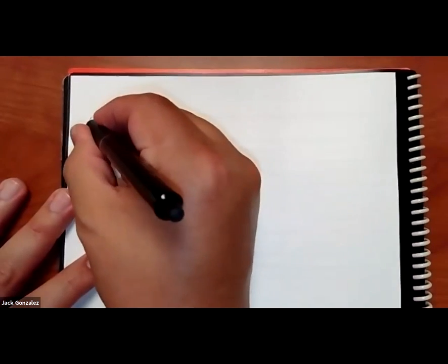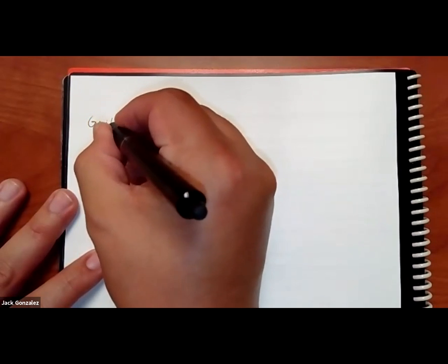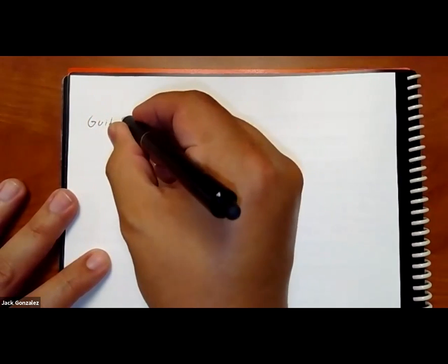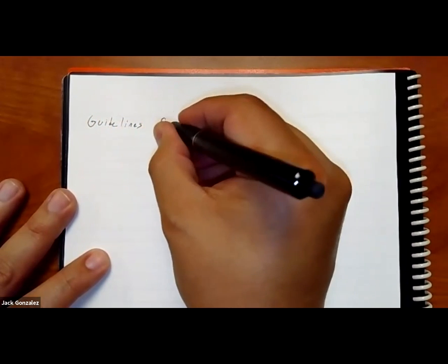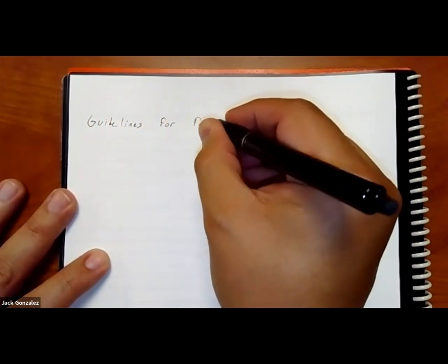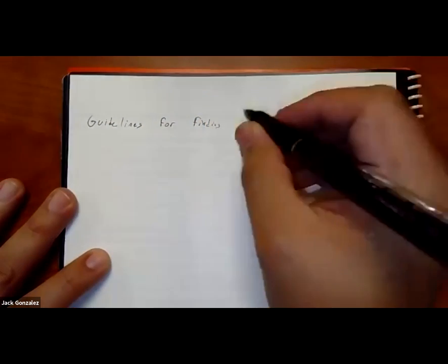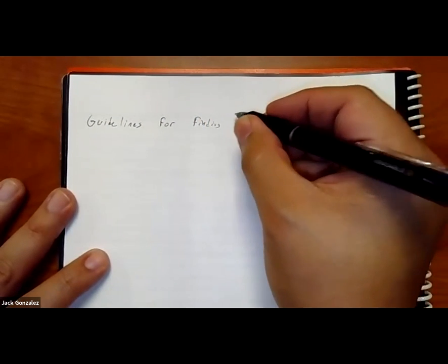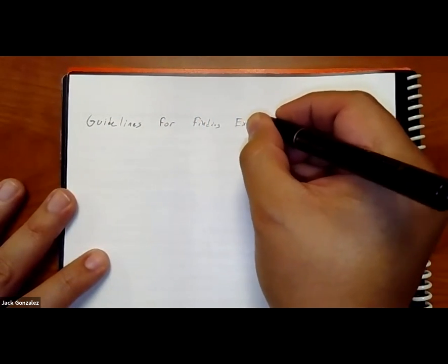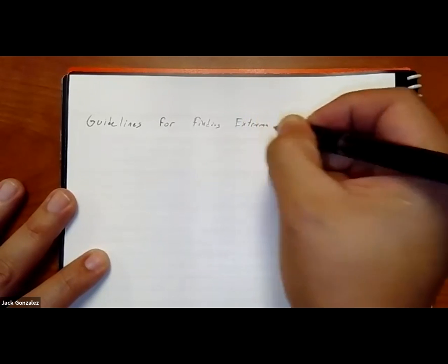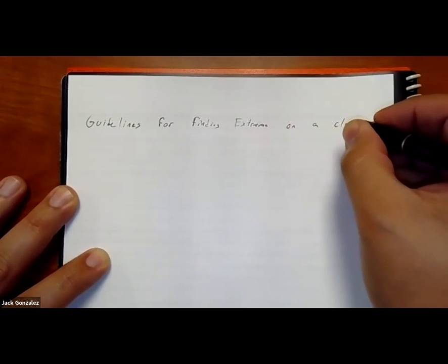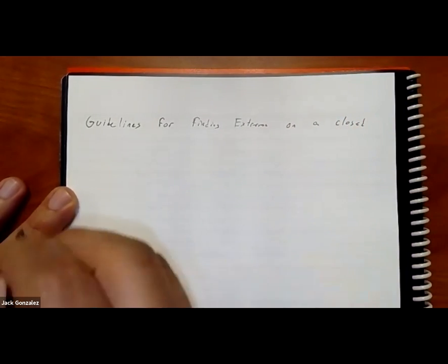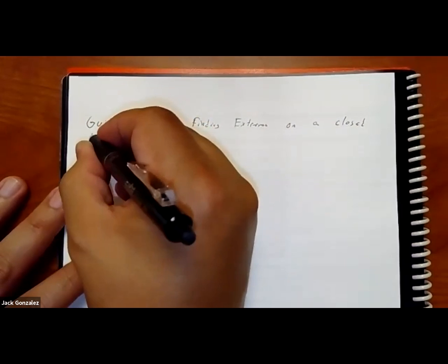Here are the guidelines that I'm going to be using, or in case you forget, on how to find the max or minimums. Guidelines for finding extrema, which is another word for max or minimums, on a closed interval.